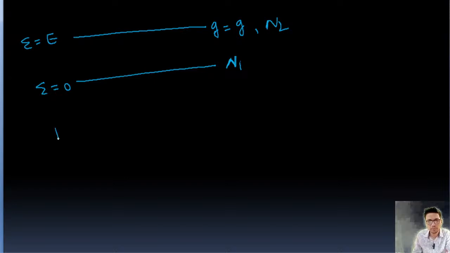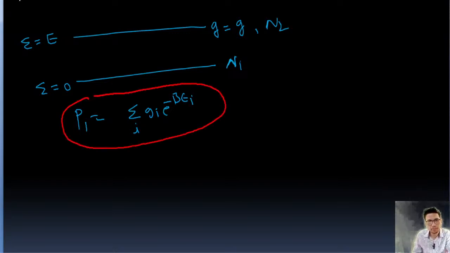The partition function formula is the sum over i of g_i e to the power minus beta E_i. Here the ground state has degeneracy 1 and energy 0.